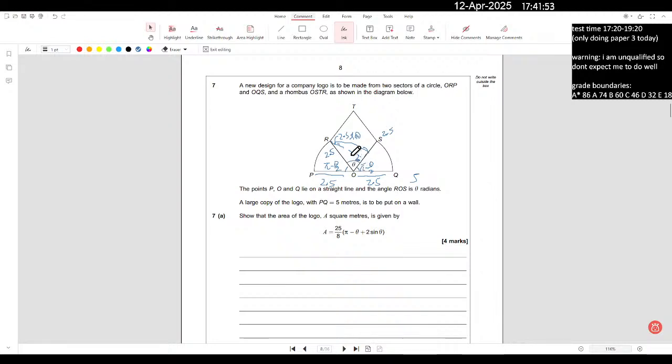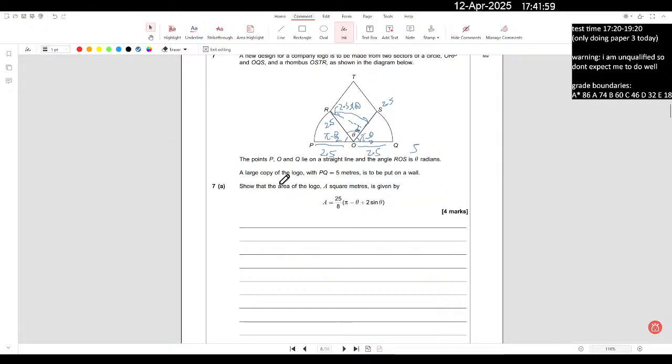Sine theta equals that over 2.5. So yeah. I think I have everything I need now to calculate the area of the logo.